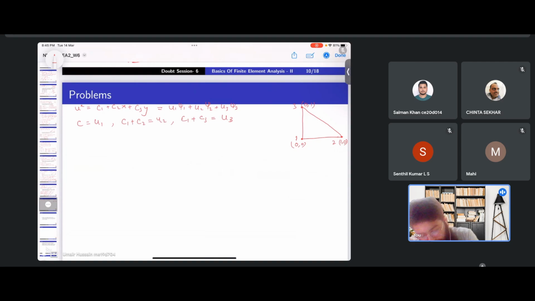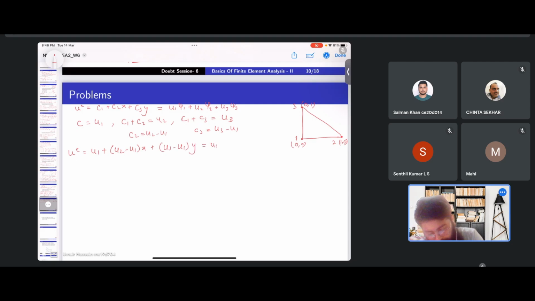We solve, and we get c1 equals u1, c2 equals u2 minus u1, c3 equals u3 minus u1, and this will give us u equals u1 plus (u2 minus u1)x plus (u3 minus u1)y.